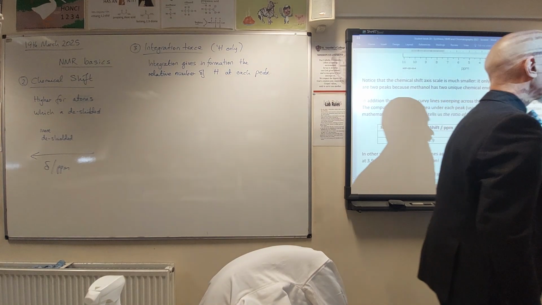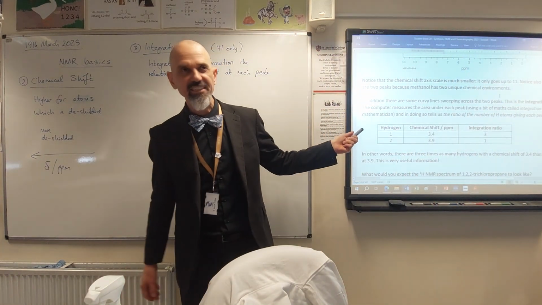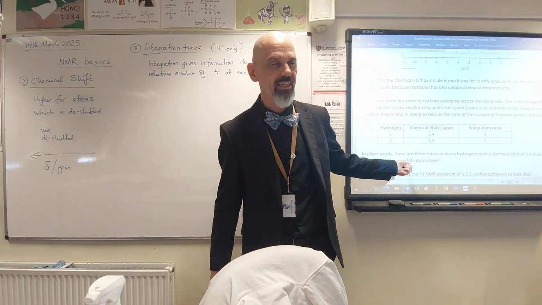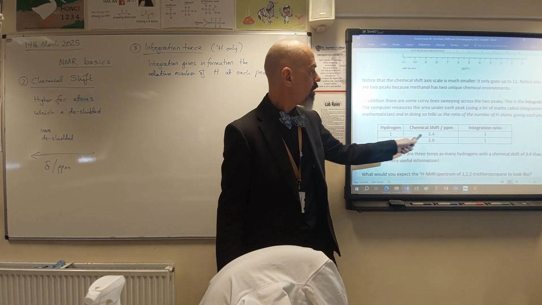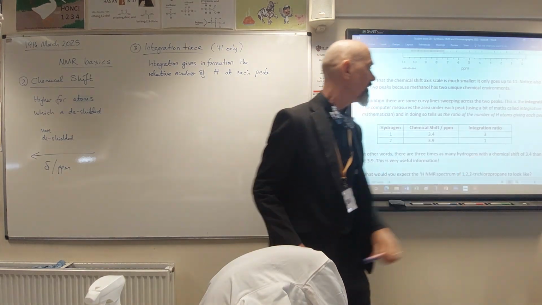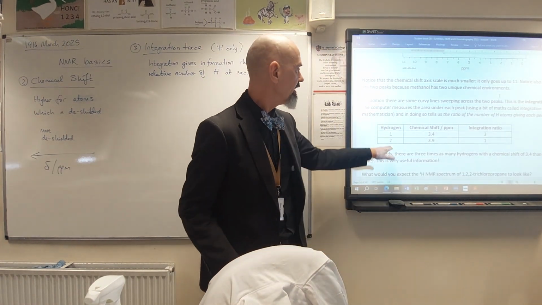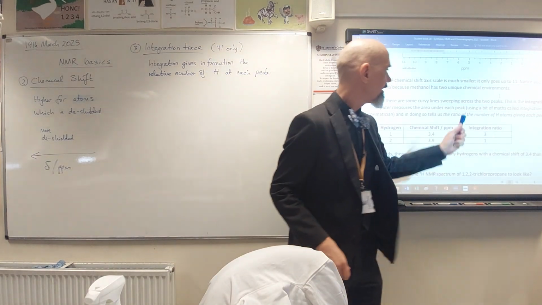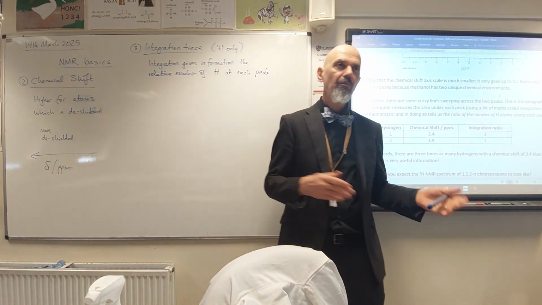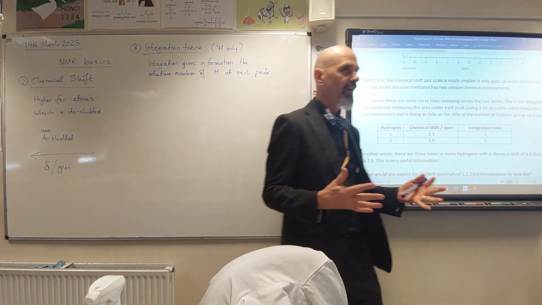So there are those. Sometimes you won't get a spectrum in the exam, by the way. You'll just get a table of data like this. But you can work from there. So we've got hydrogen 1 with a chemical shift of 3.4, integration ratio of 3, and hydrogen 2 with a chemical shift of 3.9, integration ratio of 1. Note that it says ratio.